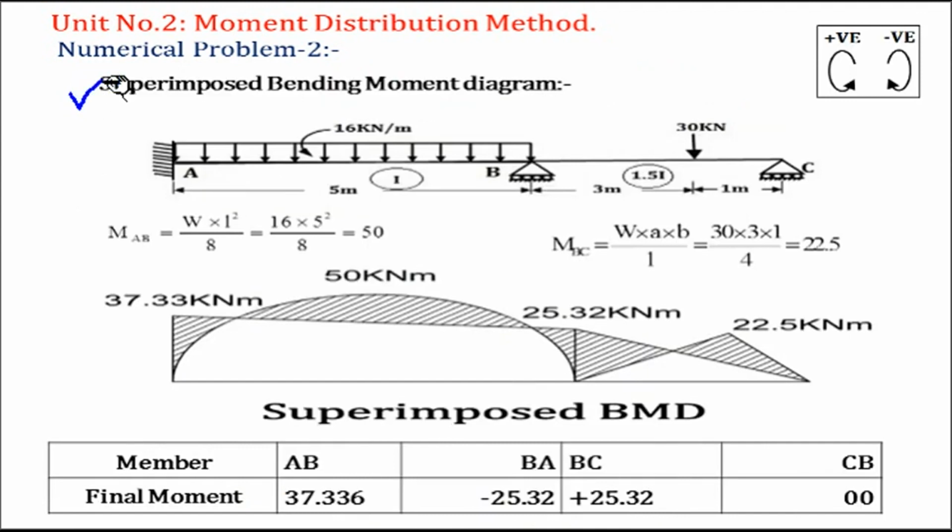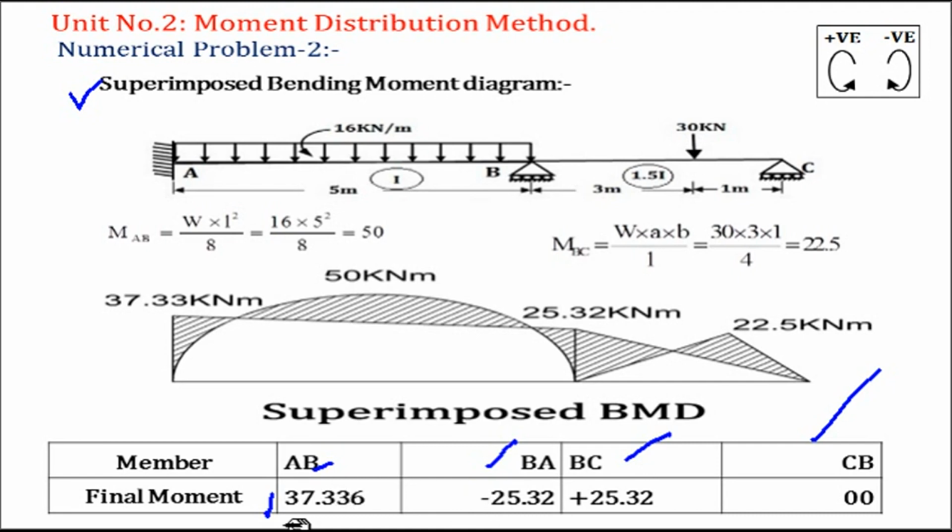Now draw the bending moment diagram. Now we have these end moments AB, BA, BC and CB. Now let's observe their signs. Here positive sign and for end B negative sign.